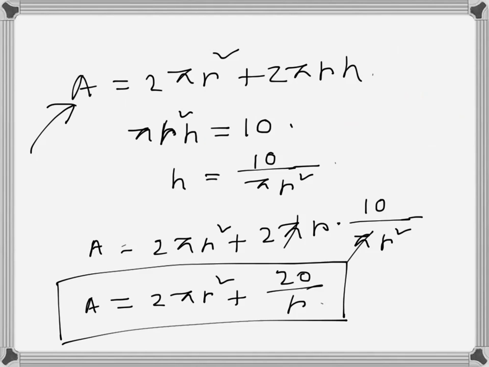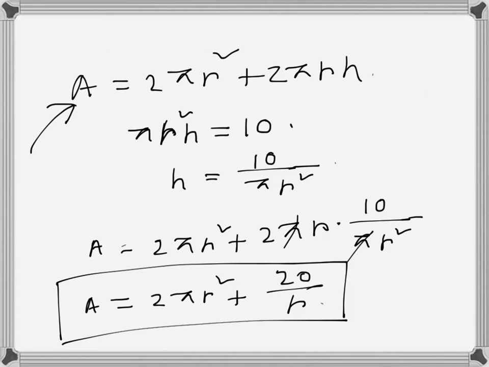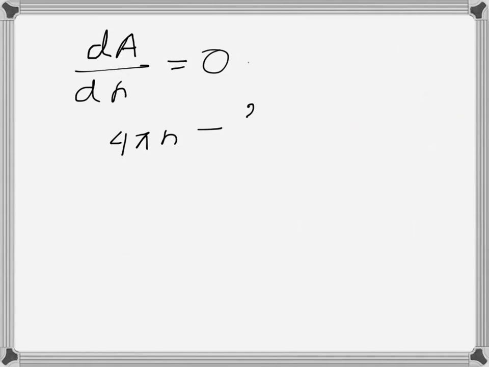So when A is minimum, the variable is r here, so dA over dr will be 0 when A is minimum. So if we differentiate this expression, it's 4 pi r minus 20 over r square, and this is our dA over dr.